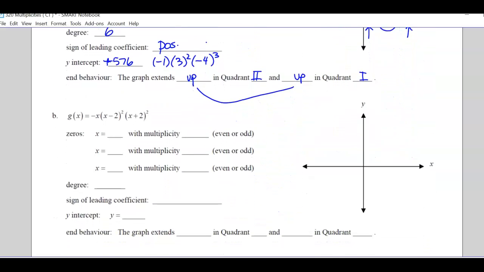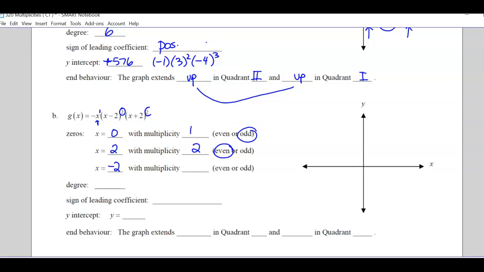Okay. Next one, if there's an x out front by itself, nothing's been added or subtracted, so there's a 0 of 0, then 2, and then negative 2. So the exponent on x is 1, which is odd. Exponent on x minus 2 is 2, so multiplicity is even.